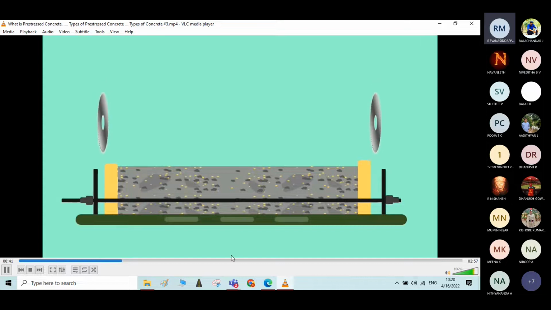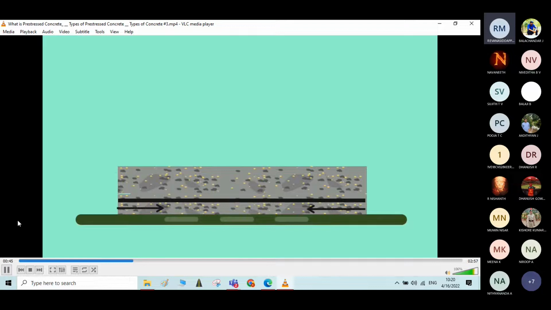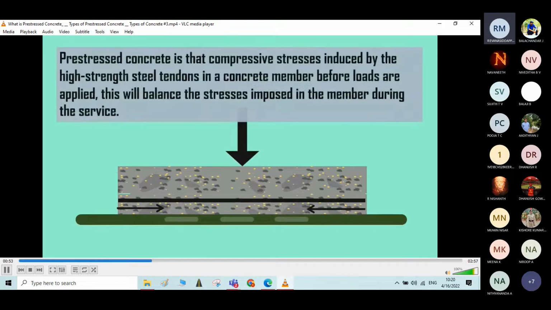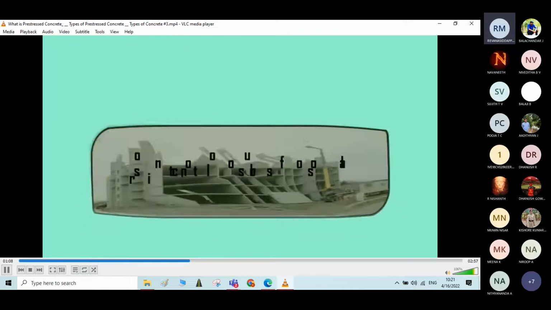Later, when the tendons are released, the compression is generated at the bottom, which tries to counterbalance the tension due to loading at the top part of the beam. The principle behind prestressed concrete is that compressive stresses are induced by the high-strength steel tendons in a concrete member before loads are applied. This will balance the stresses imposed on the member during service.